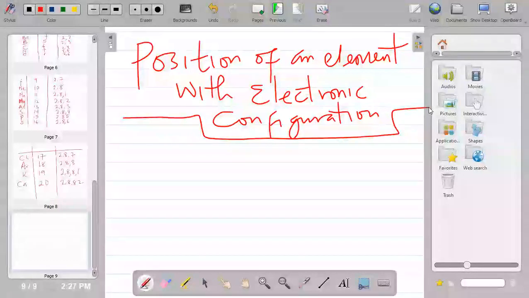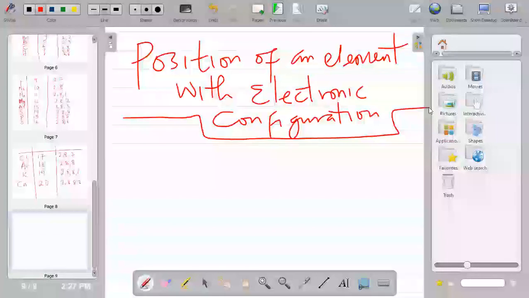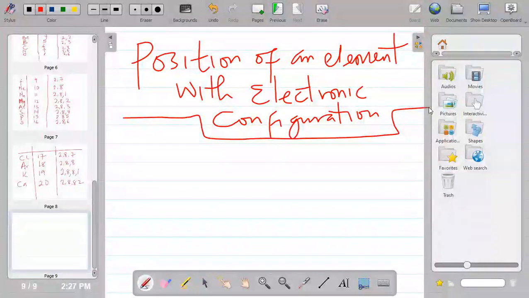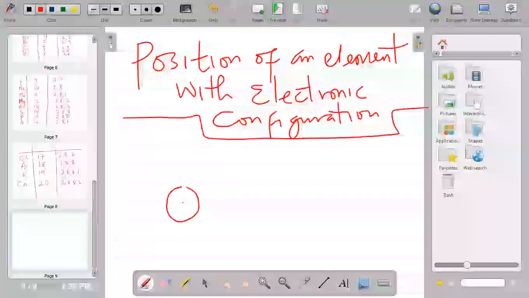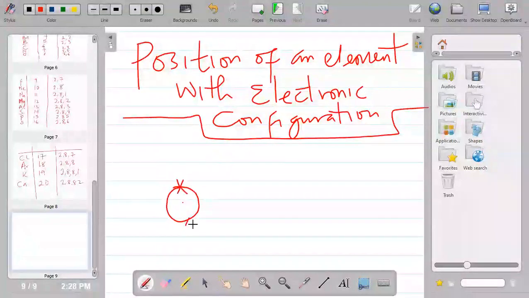What do I mean by that? Now, if we were to draw the shells of sodium and chlorine, for example. For sodium, we have the nucleus, we have the first shell containing 2.